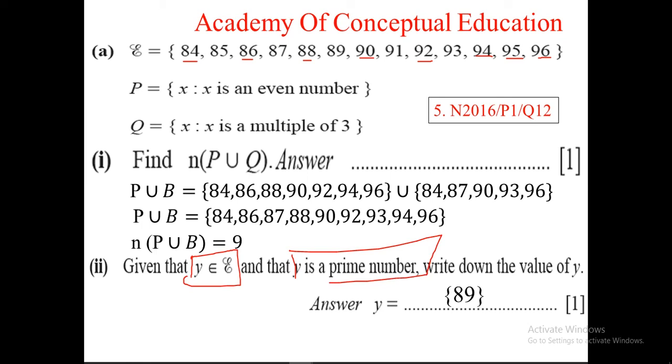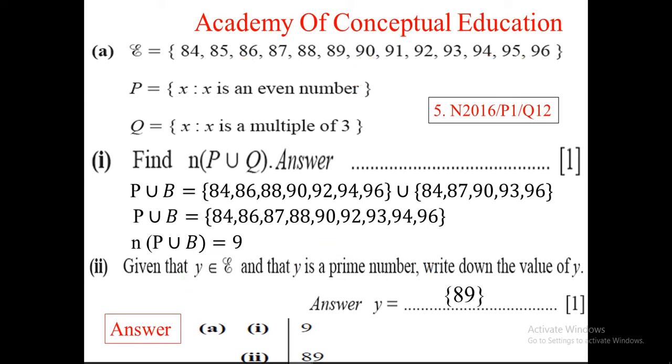So in the universal set, only 89 is a prime number. These are the answers from the marking key: 9 and 89.